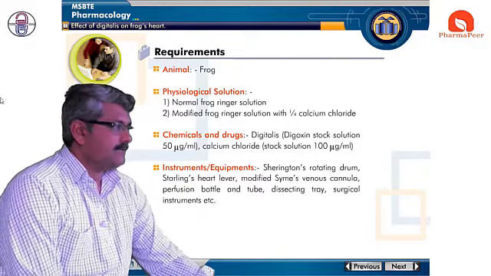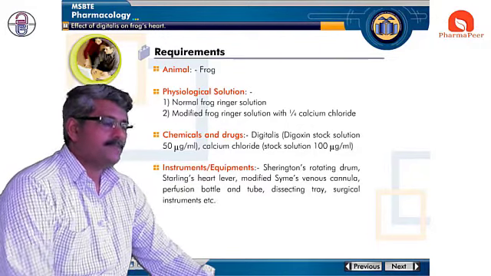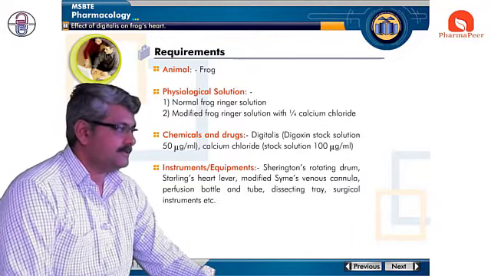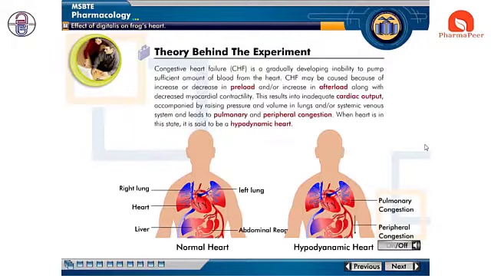Now next, what is the actual procedure? What is the theory behind it? We are going to see this. Congestive heart failure, that is CHF, is a gradually developing inability of the heart to pump a sufficient amount of blood. CHF may be caused by increase or decrease in preload and or increase in afterload along with decreased myocardial contractility.